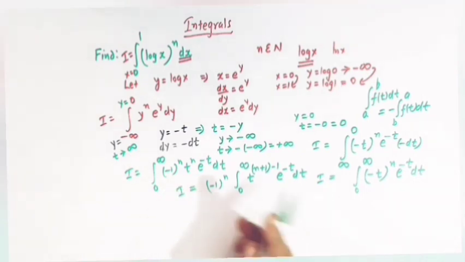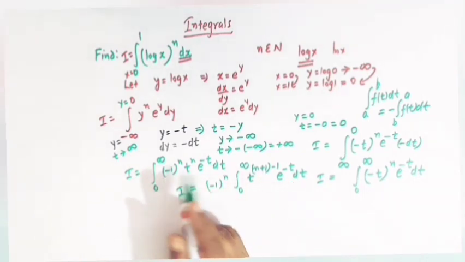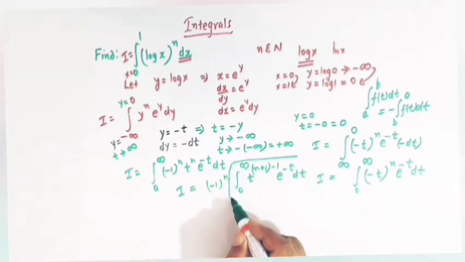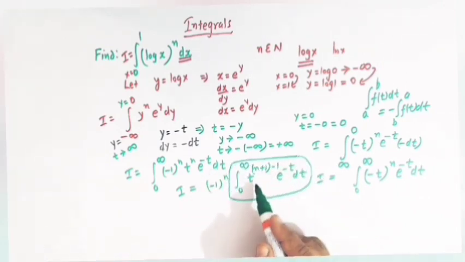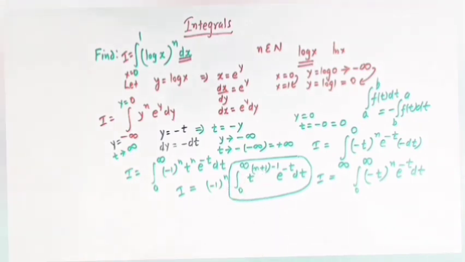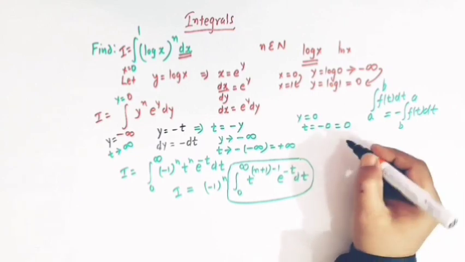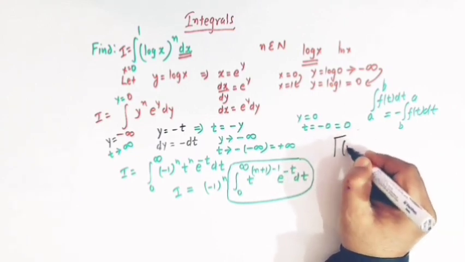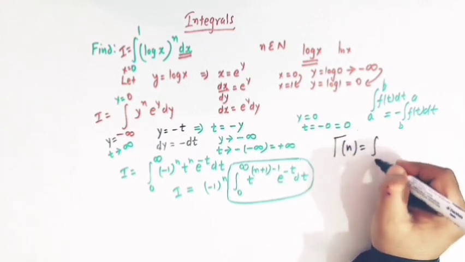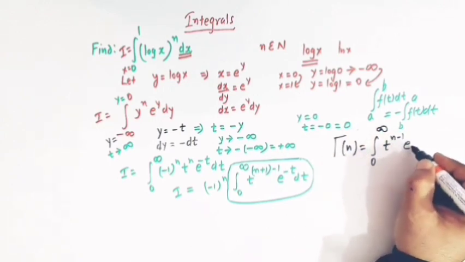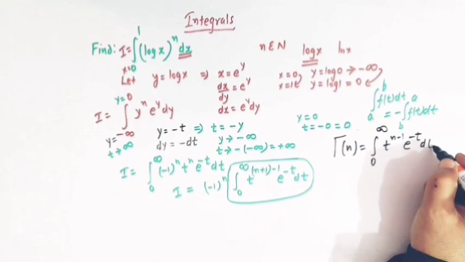So now we have written this integral in this form, and we can easily see that this integral is gamma of n plus 1. Now viewers, see gamma of n is defined as 0 to infinity t raised to n minus 1 e raised to minus t dt, right?